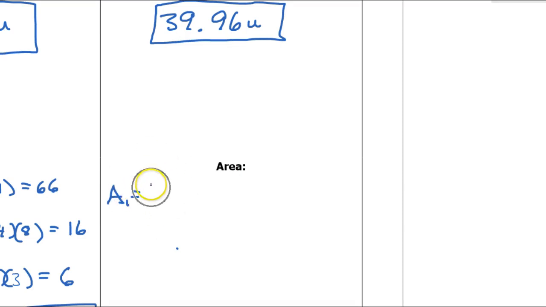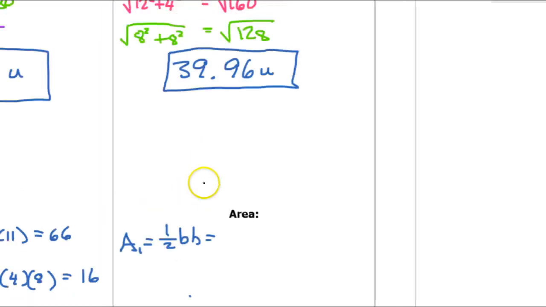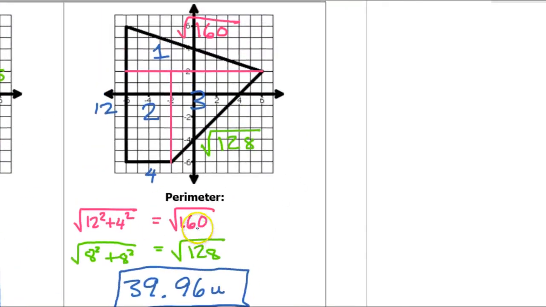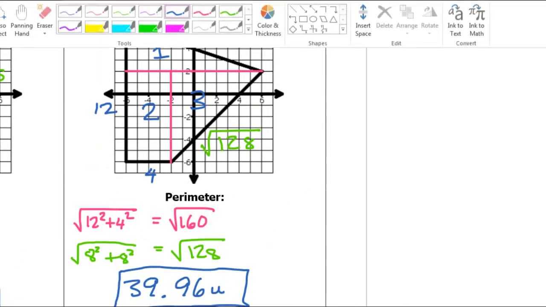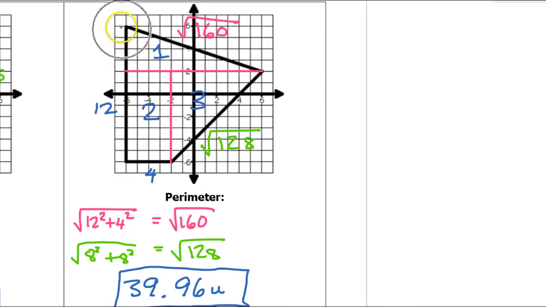Area 1 is a triangle, so that's going to be 1/2 base times height. I just need to know what the base and the height are. I could consider this to be the height, and so that's 4. The base is all of this. So what's that? I have 6 to the left and 6 to the right, so that's 12.